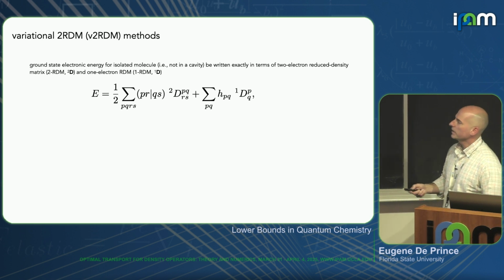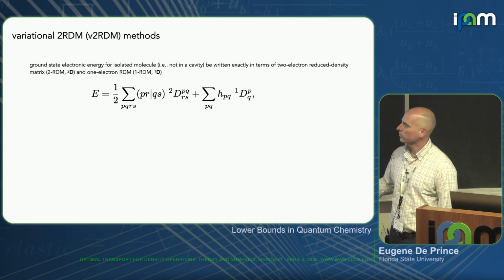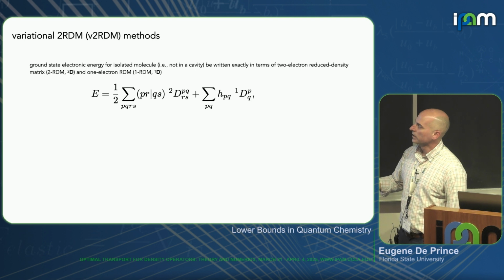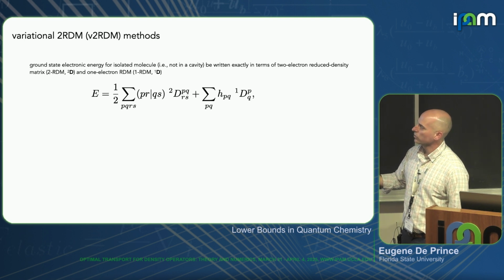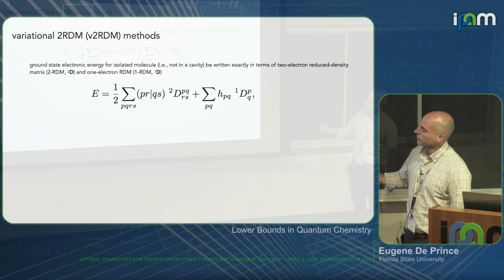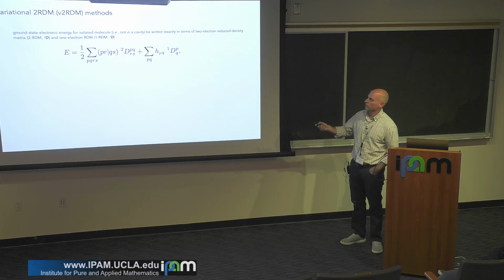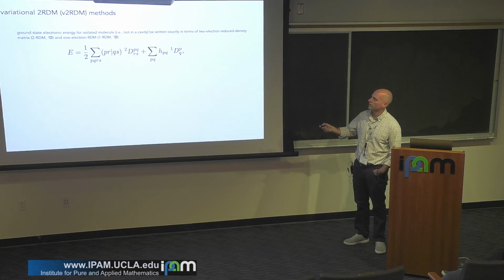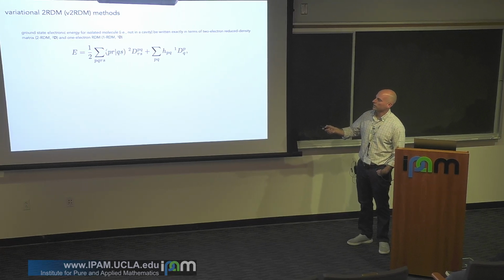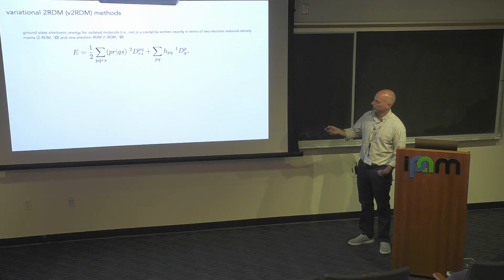OK, we can get away with using this 2-RDM instead of a wave function because the energy is an exact functional of the 2-electron reduced density matrix and the 1-electron reduced density matrix. In terms of the other parameters here, this small h is what we call the core Hamiltonian. This is the kinetic energy of your electrons and also the electron-nuclear attraction, so the external potential they live in. And then this other term is the electron-electron repulsion term.